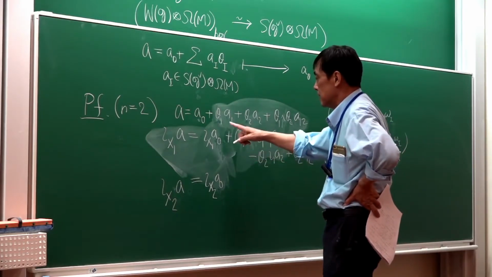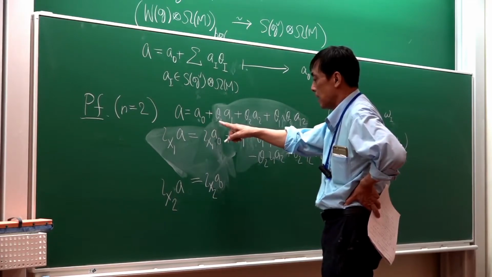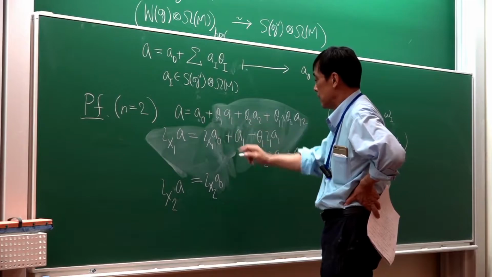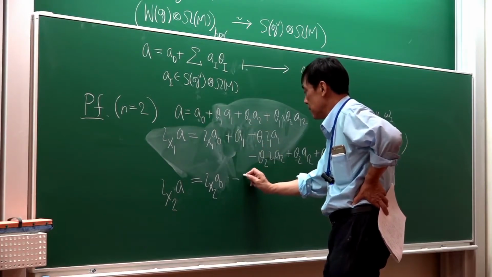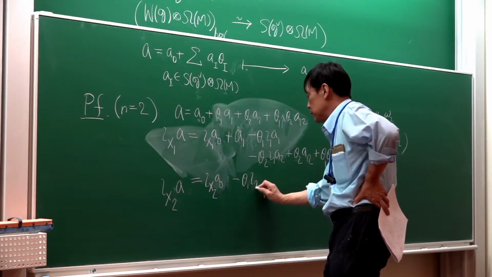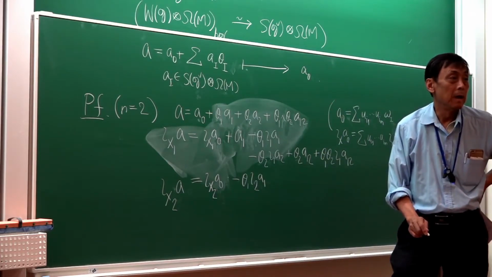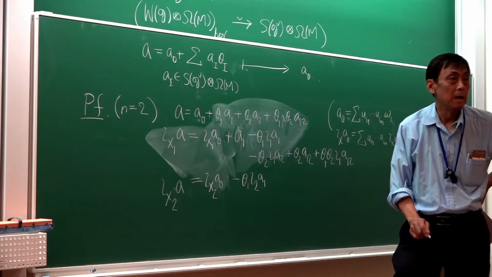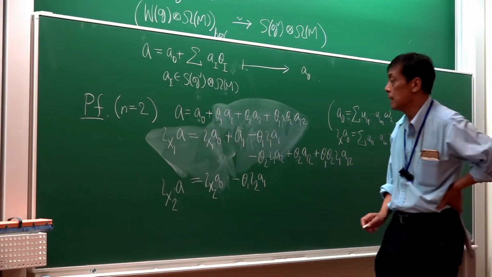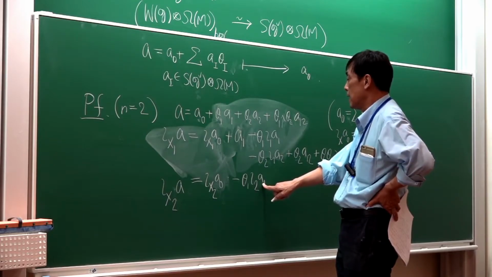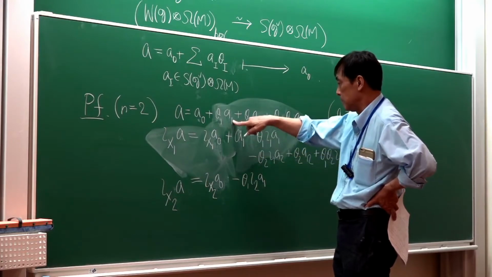And then x2 applied to this is 0, and then I get a minus theta 1, I2 A1. Right, that's this, right?